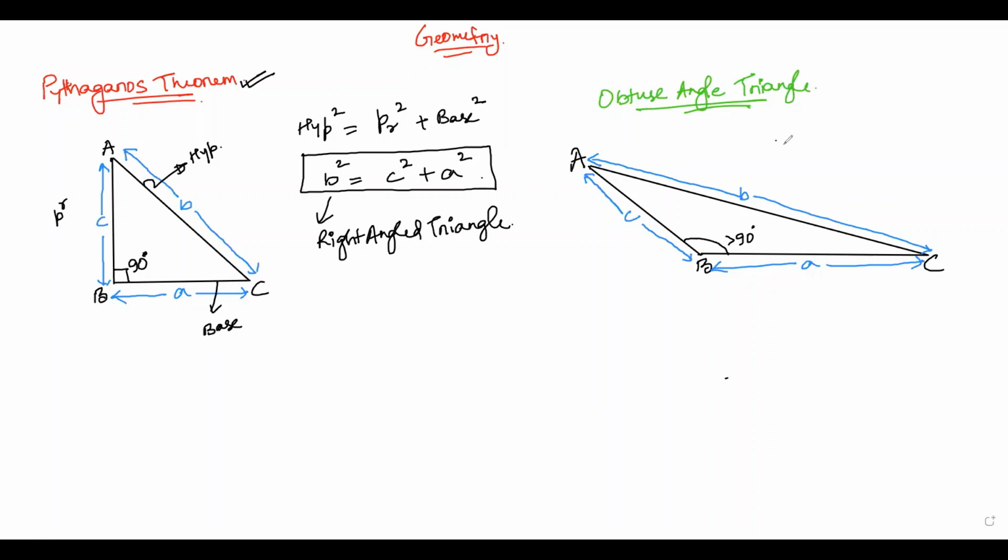In fact, B square would be greater than C square plus A square. So in an obtuse angle triangle, the longest side square would be greater than the sum of the squares of the other two sides. Conversely, if the square of the longest side of a triangle is greater than the sum of the squares of the other two sides, then the triangle can be termed an obtuse angle triangle.